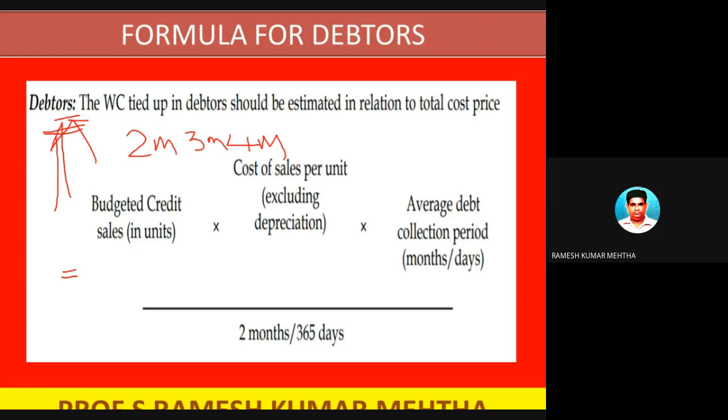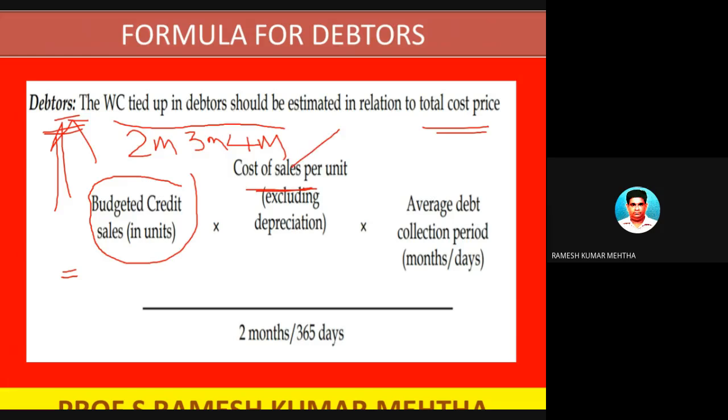So to find the formula for the working capital tied up with debtors, in relation to total cost price, we have to use the following formula. Budgeted credit sales during the whole year, that is, how many units we are going to sell in the whole year, the finished product, into cost of sales.